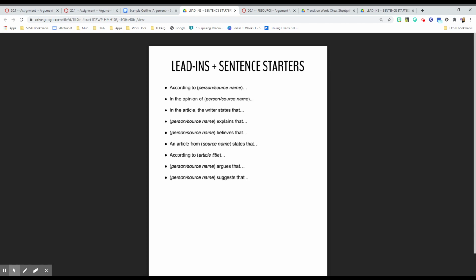Okay, so here are some examples that you can use: according to, in the opinion of, in the article, the writer states, so and so explains that, so believes that, etc. Okay, feel free to use any of these.